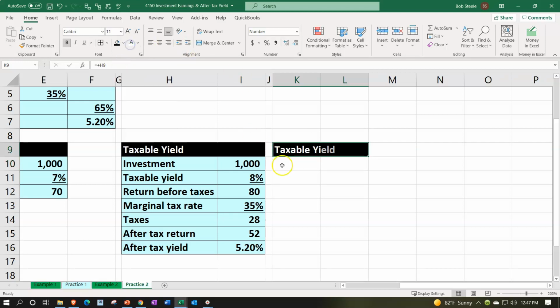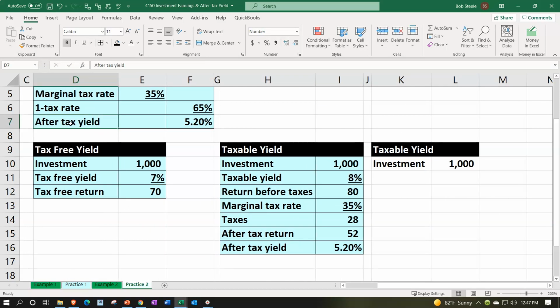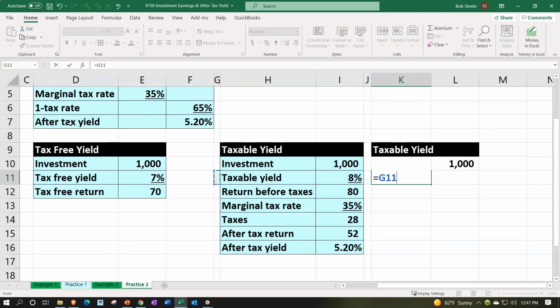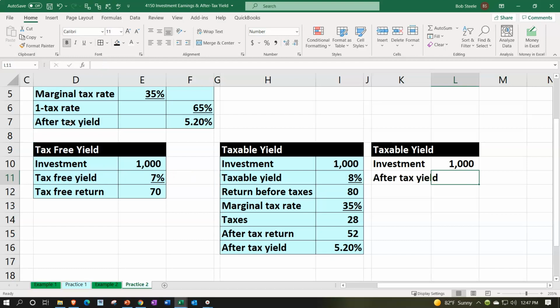So we might say, okay, well, if the investment was 1,000, then we could just say, of course, we did our calculation for after-tax yield up top, and we could just say, okay, then the after-tax yield calculation as we saw it up top is the 5.2, and go to the number group, percentify that, add a couple decimals, and that would be the taxable, what did I call it over here?